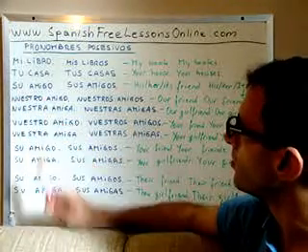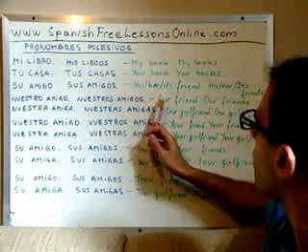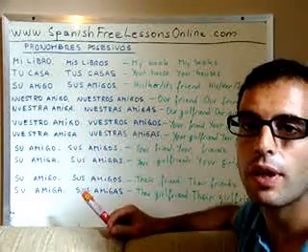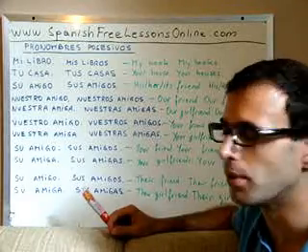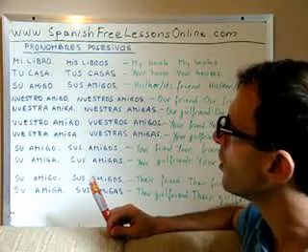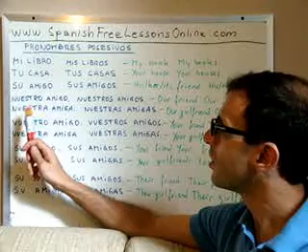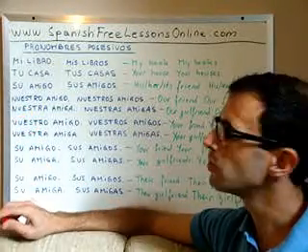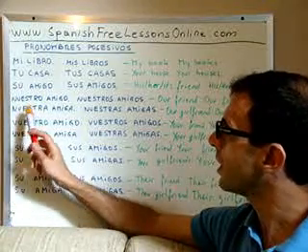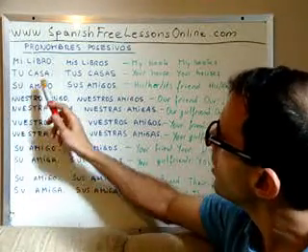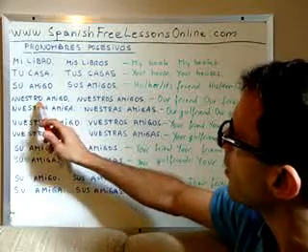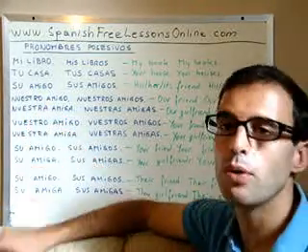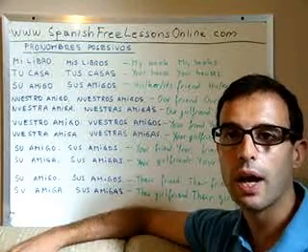Nuestro amigo, our friend. Nuestros amigos, our friends, plural. Now look at this. For we and for you, we can see that not only you add an S in the pronoun for the plural, but also you change the O for an A when the noun is a feminine noun.